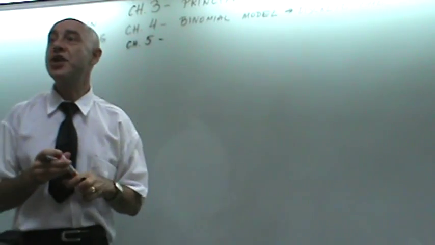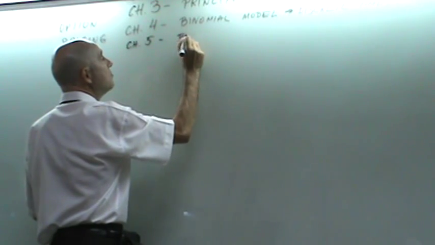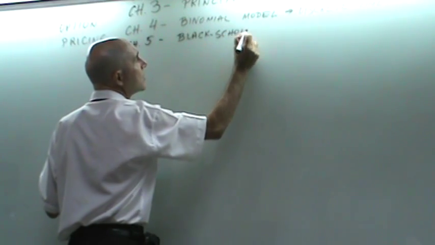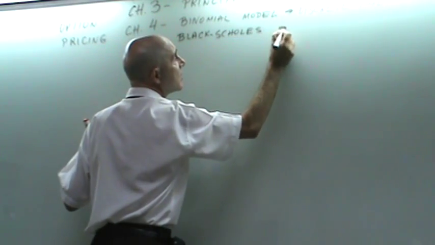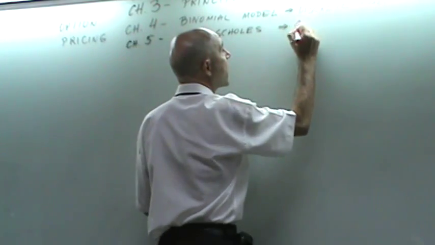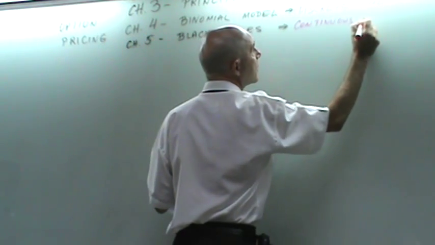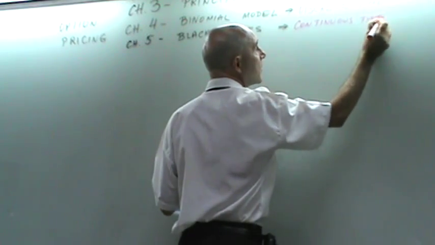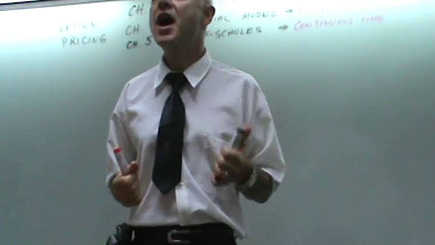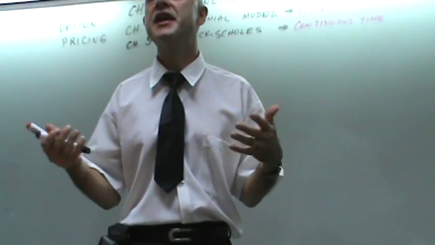And next chapter, next time, is going to have what is known as the Black-Scholes Model, which works in continuous time. In this discrete time, you got a finite number of, let's say, days.